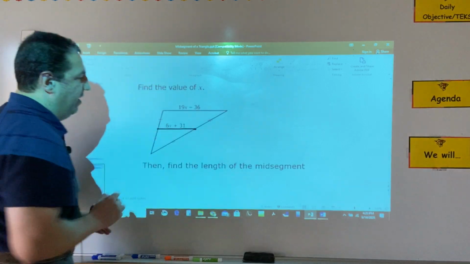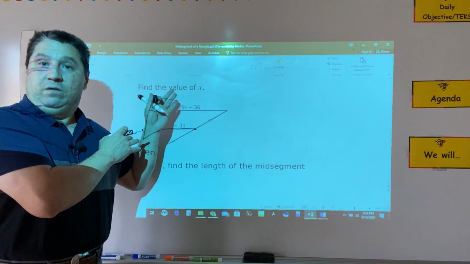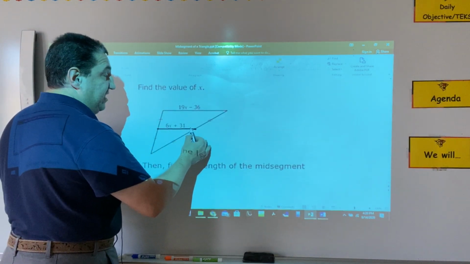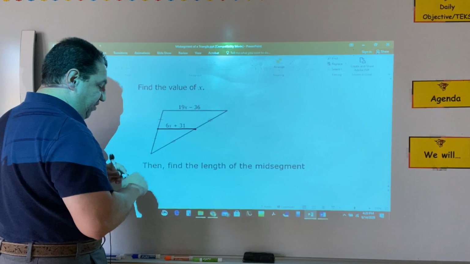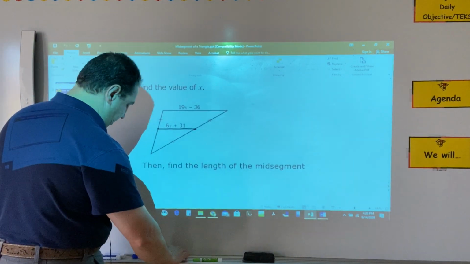Now, we know, according to the mid-segment theorem, the mid-segment is half of the third side and is parallel to the third side.